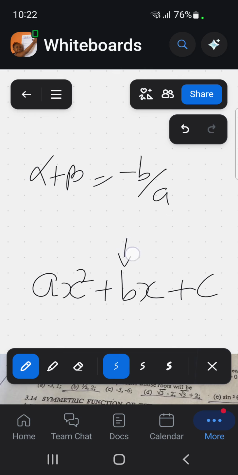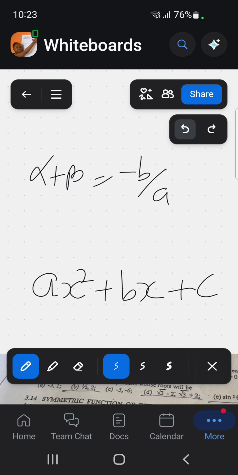This is the b, you can see the b there, and this is the a. So when you have an equation and they say the sum of roots, that will give you negative b, where b is the coefficient of x, over a, where a is the coefficient of x squared.